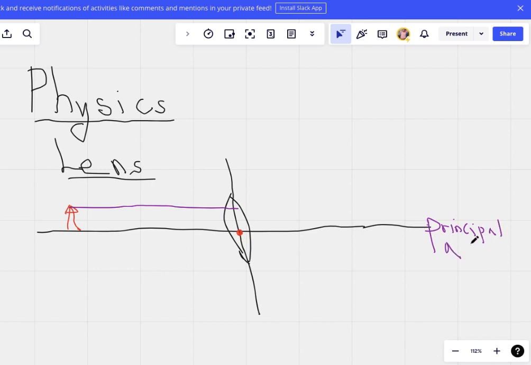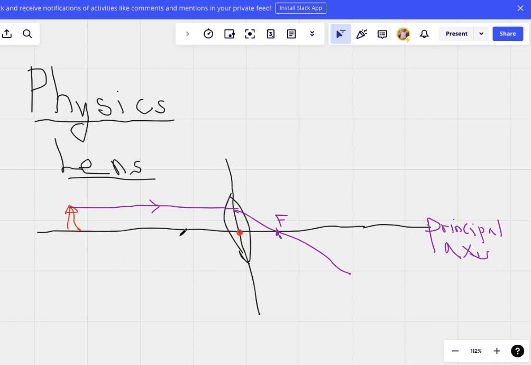Now we say any ray of light that is parallel to the principal axis will be refracted, will bend when it reaches the center of this lens, somewhere here. It will be refracted through the focal point. This point is the focal point F.